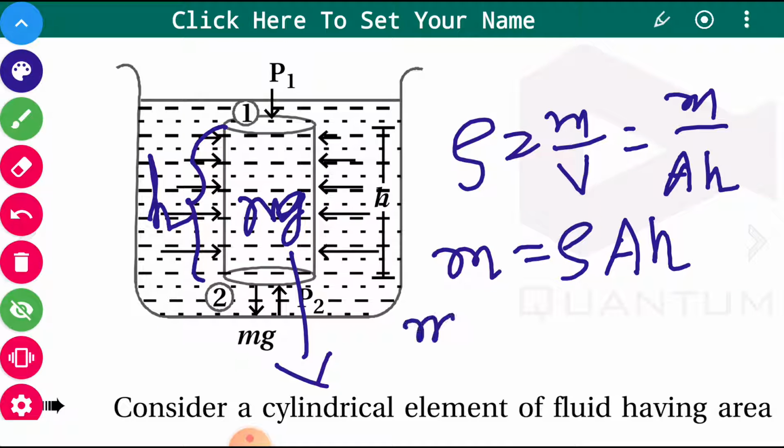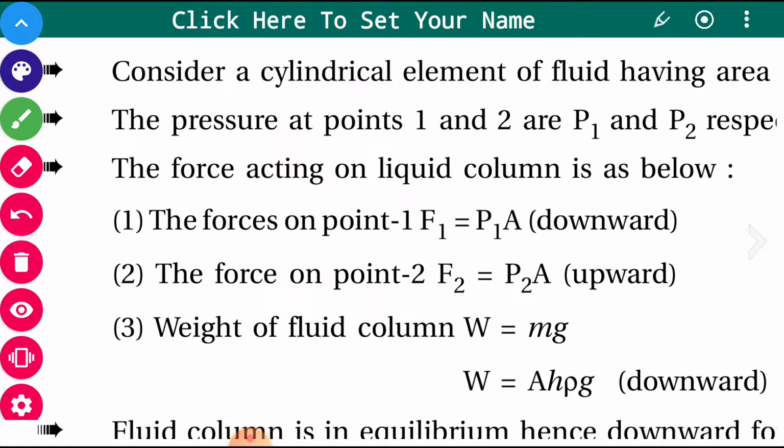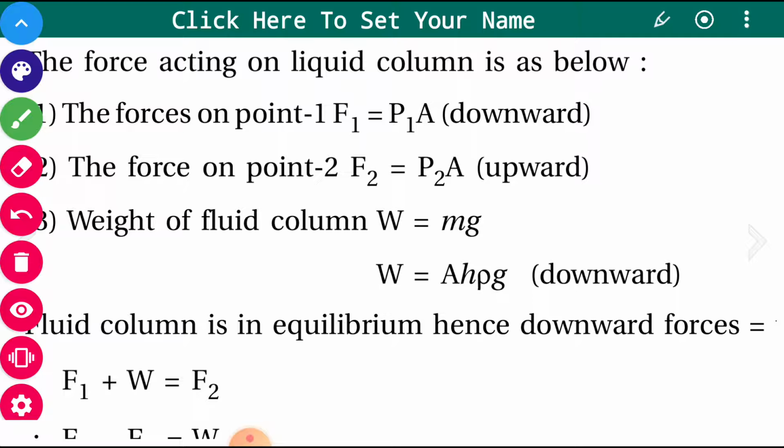Therefore, this force mg will be equal to rho A h g. Mass is rho A h, therefore this force rho A h g is in the downward direction.